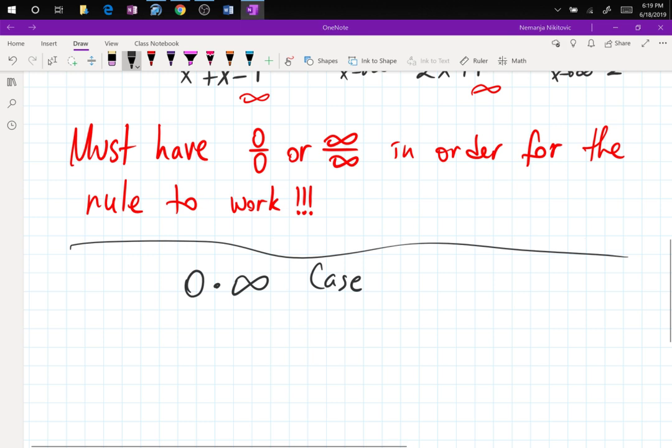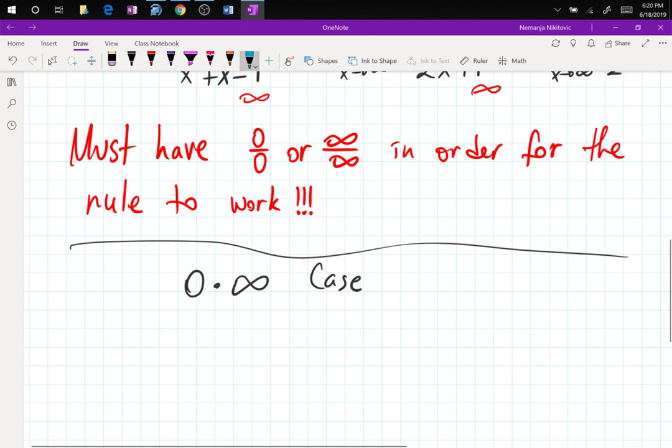This one can be converted into L'Hopital's rule, and then you use L'Hopital's rule. So is this L'Hopital's rule? No. But when you apply this algebraic witchcraft we're going to learn now, it will turn the problem that is 0 times infinity into what you want.